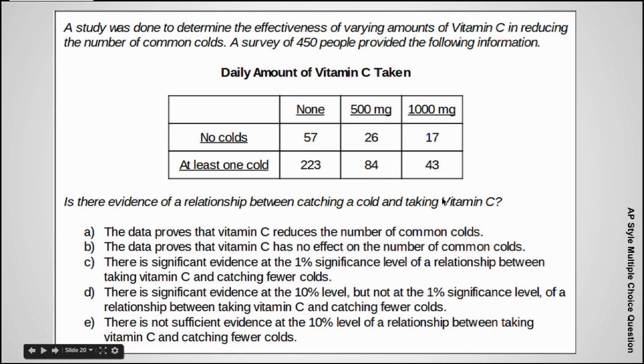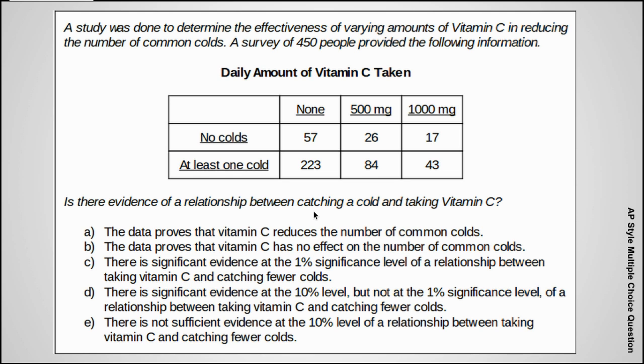I have my observed values here of my daily amount of vitamin C taken and the number of colds that each person got. The question asks, is there evidence of a relationship between catching a cold and taking vitamin C?